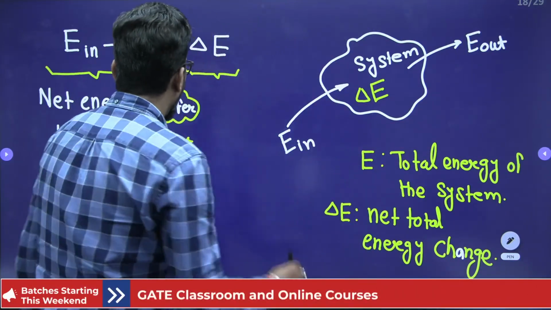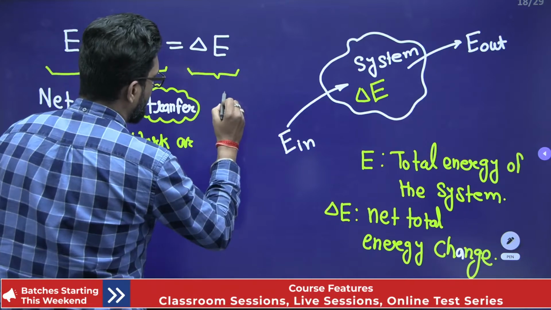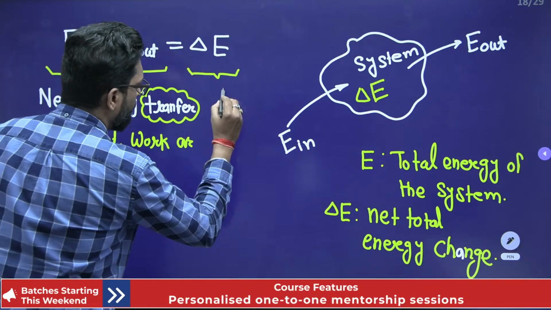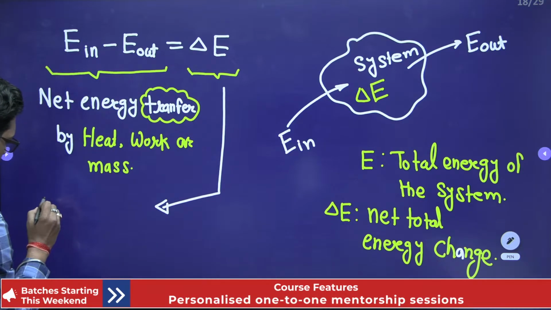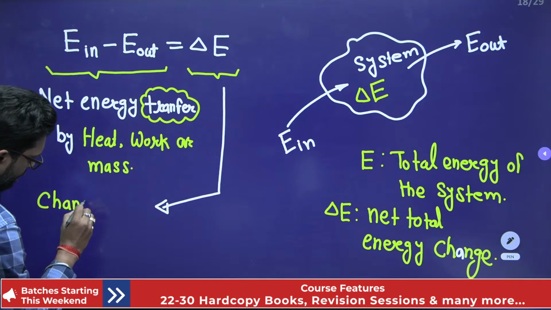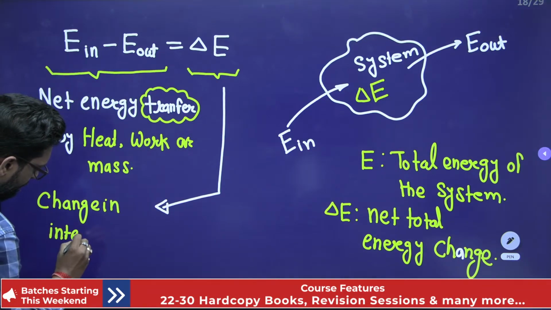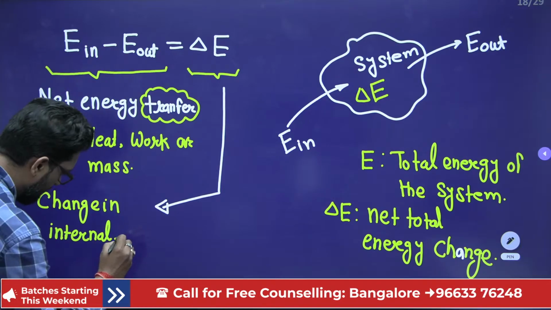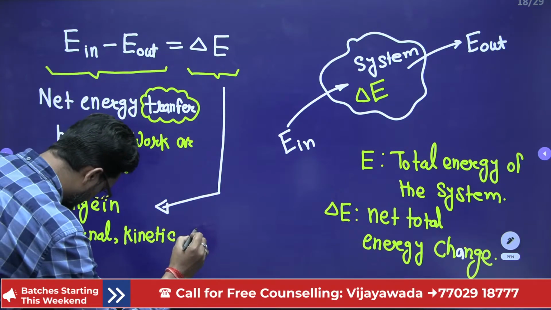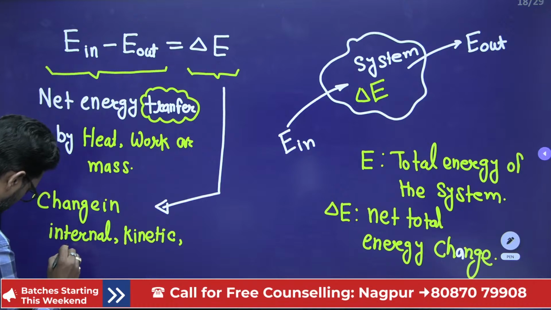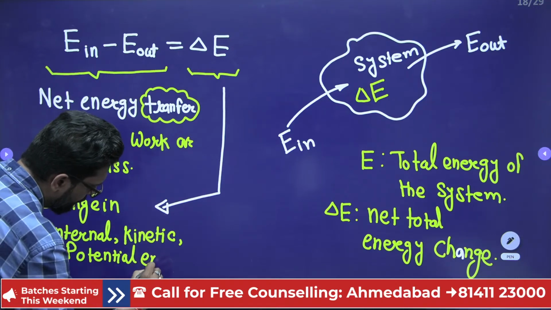Okay. Now, what is this? This is your system. That means we can write here, no problem. So this is your change in internal, kinetic and potential energy.